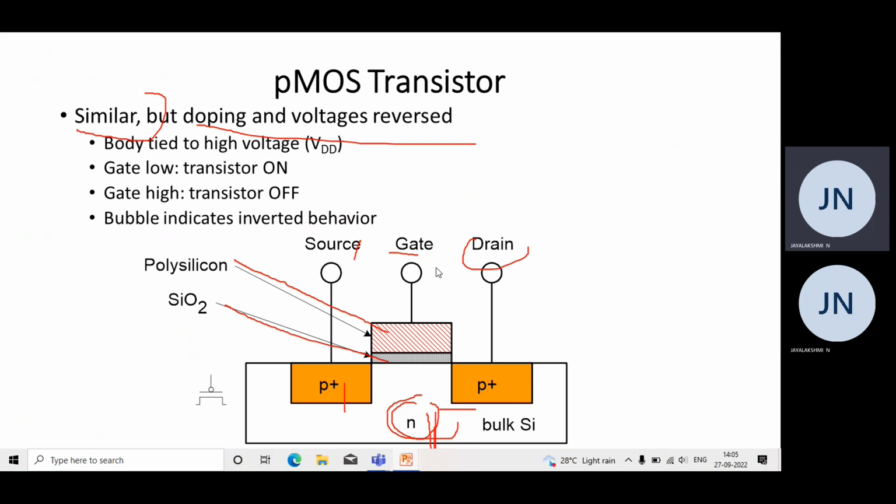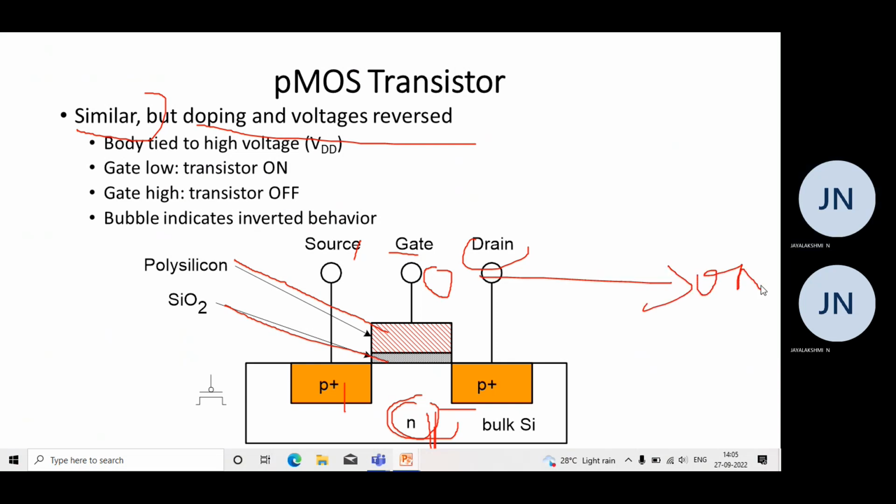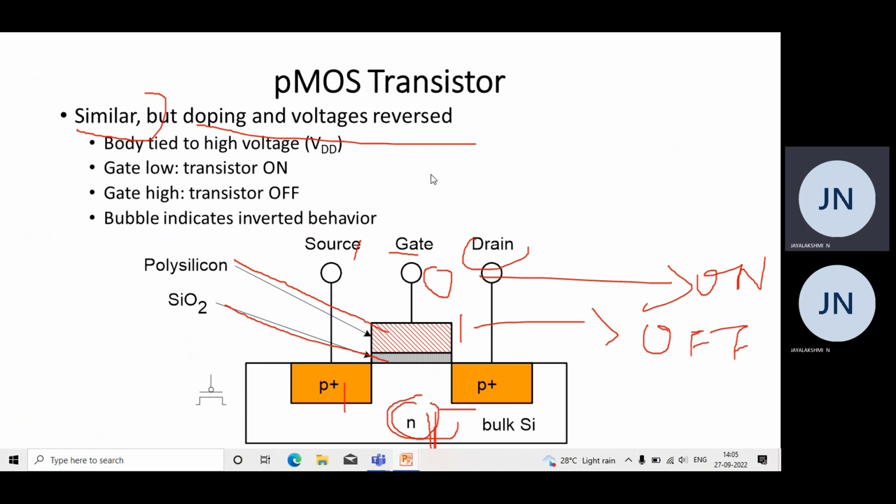When the gate is low, which means the gate value is 0, the transistor is on. When the gate value is 1, the transistor is off. Because the PMOS transistor performs complement, or inversion, if you provide 0 to the gate, the transistor is on. If you provide 1 to the gate, the transistor is off.